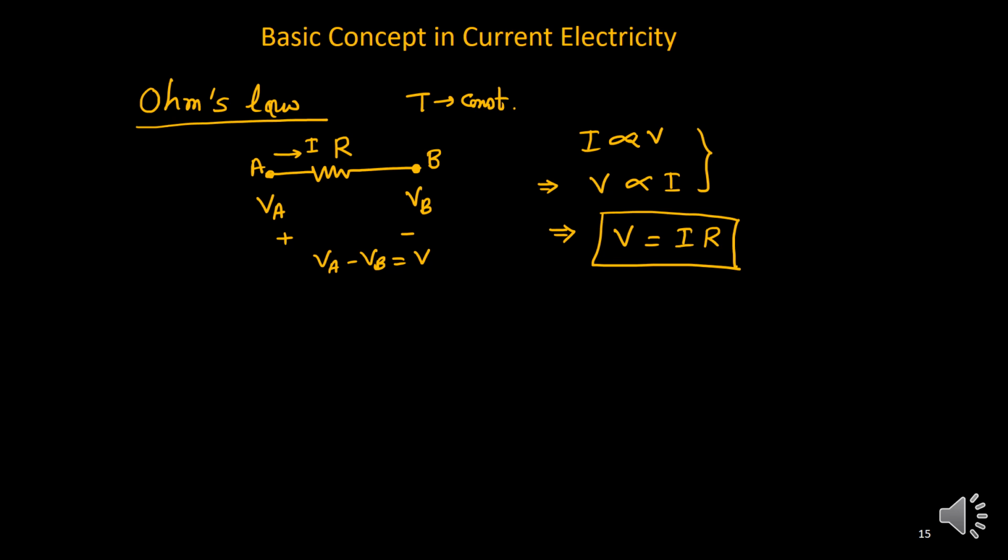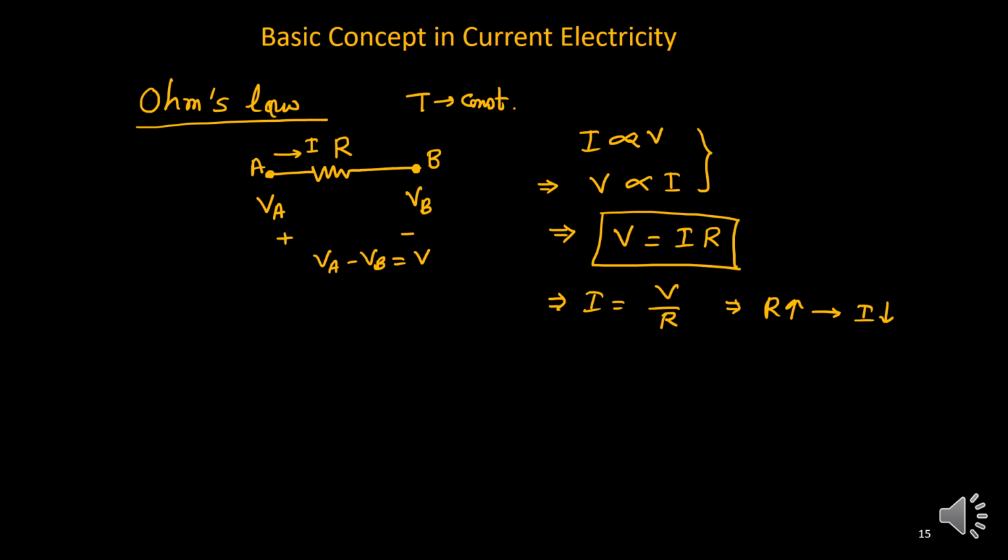Now you can understand that I will be V upon R. If R is increasing, obviously I will get less current. If the resistance value is more, the current will be less because it opposes more, for the same amount of potential V.